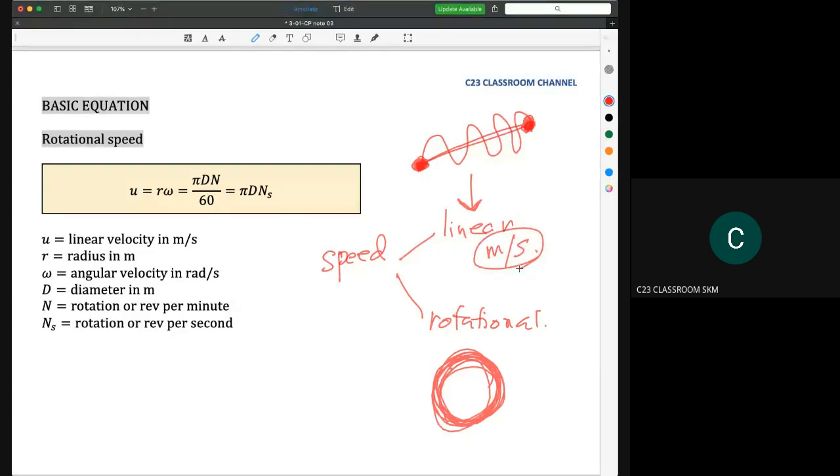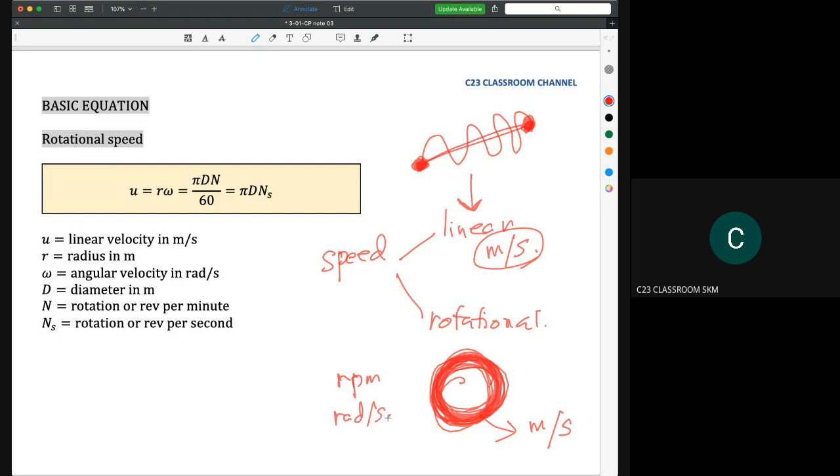However, for the rotational speed it is not suitable for us to use meter per second, because it is quite confusing when you are talking about a few meters after a few seconds in this rotating motion. So to express the rotating speed, we use RPM or radian over second.